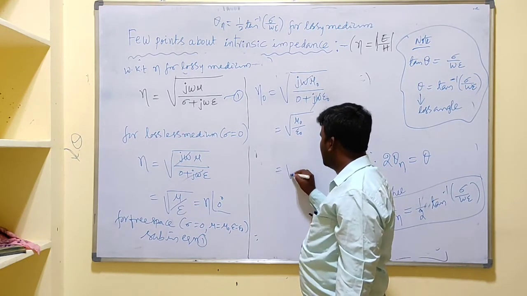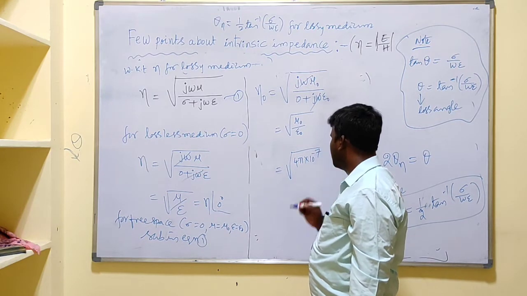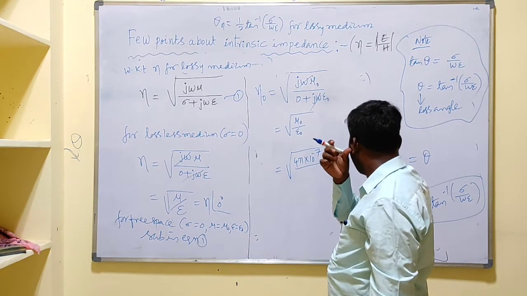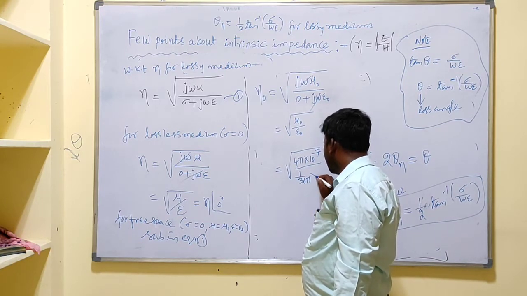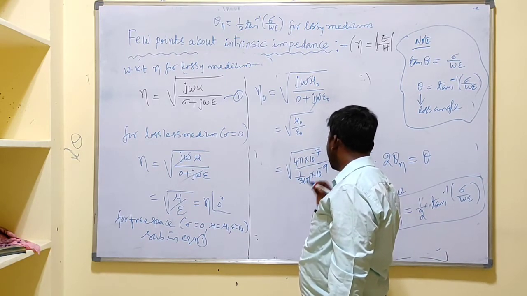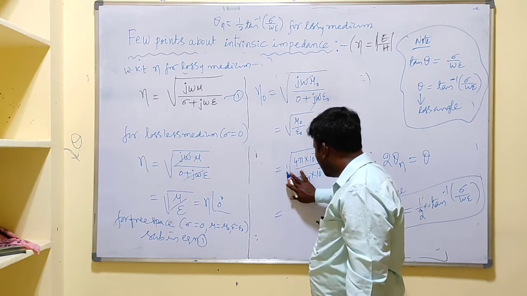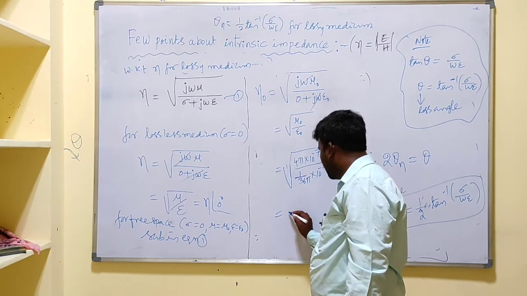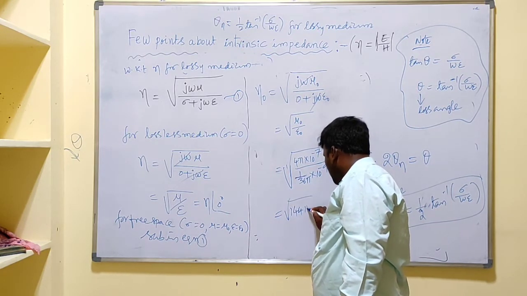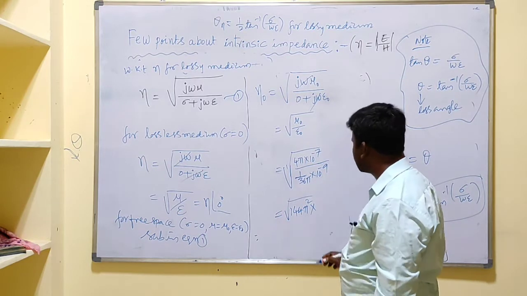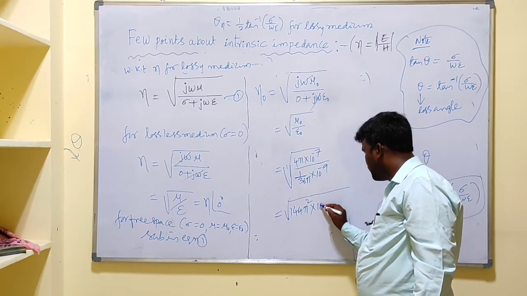Mu naught value is 4 pi into 10 to the power minus 7, and epsilon naught value is 1 by 36 pi into 10 to the power minus 9. Now we can write this like this: 36 pi is in the denominator, 4 pi into 36 pi gives 144 pi square, and 10 to the power minus 7 by 10 to the power minus 9 gives 10 square.